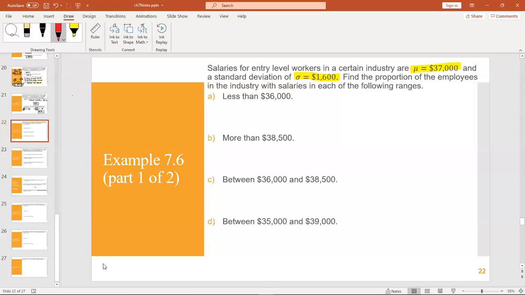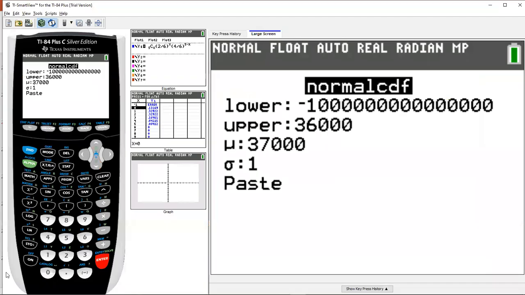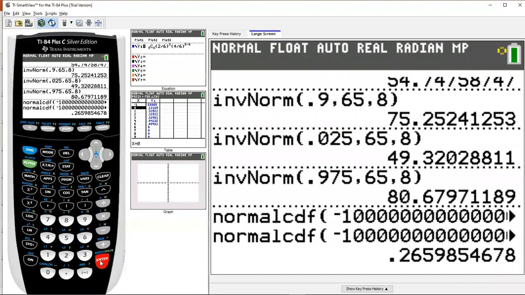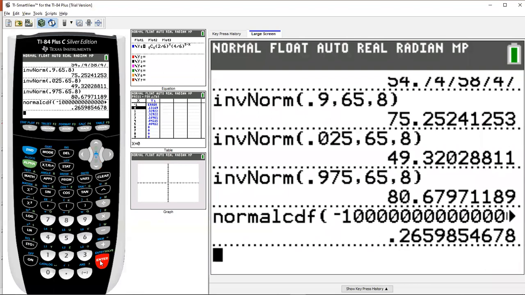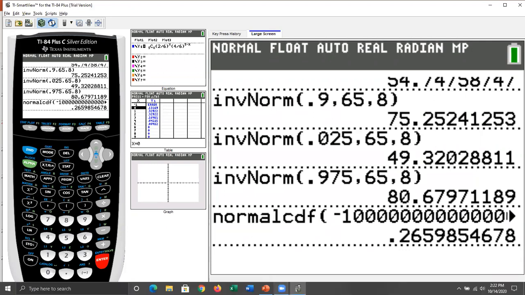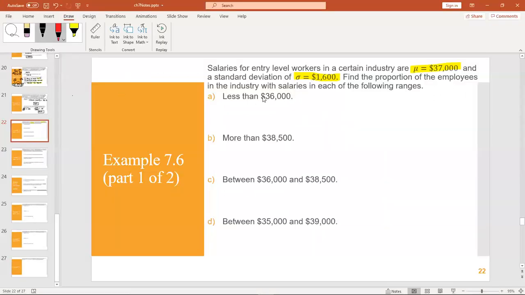The standard deviation sigma, that's 1,600. So we go ahead and run that through. You get 0.2660 if you round that off.